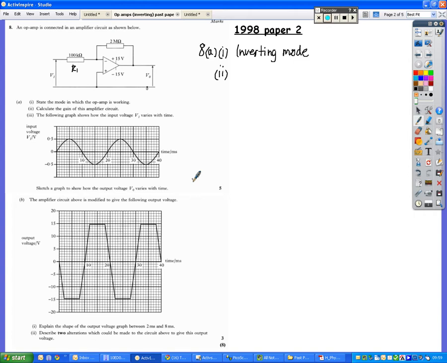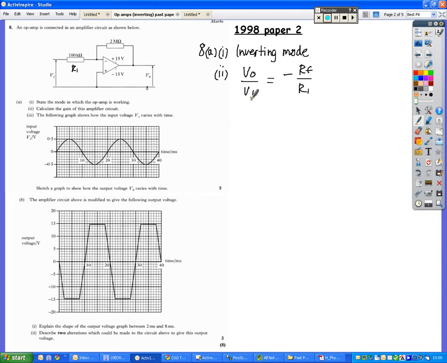2. Calculate the gain of this amplifier circuit. Now that's maybe slightly confusing, but you're still using the same equation as we've been using thus far. The gain of an operational amplifier in an inverting mode is determined by the ratio of the feedback resistor to the input resistor. And if you remember back to standard grade, V out divided by V in is equivalent to the gain.